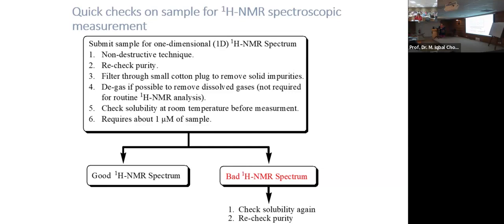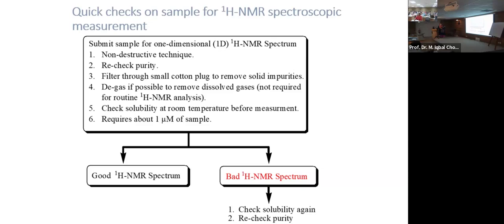When Dr. Iqbal discusses the NOE experiments with you, you will understand that during NOE there is a transfer of magnetization, and this is what you are going to record. But if there is dissolved oxygen, the magnetization could transfer to the dissolved oxygen.